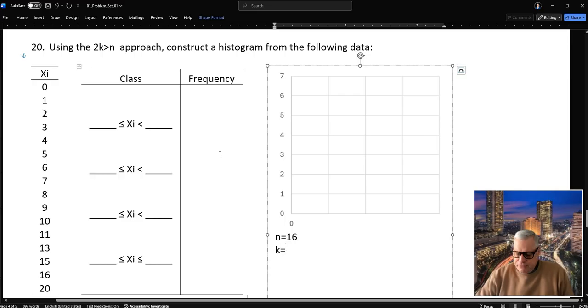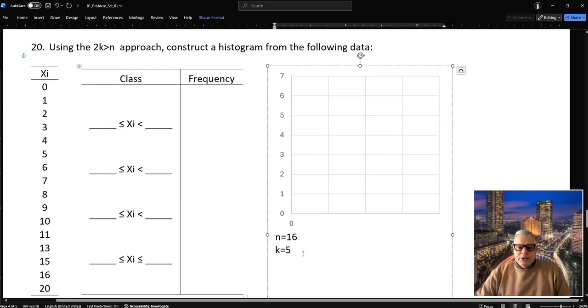Okay, so we have k equals 5. Only 2 raised to the 5 is more than 16.